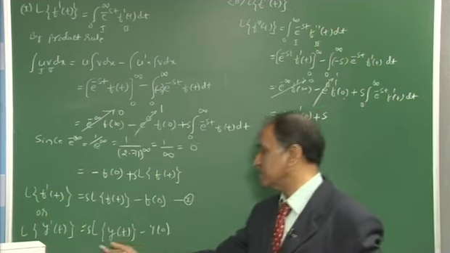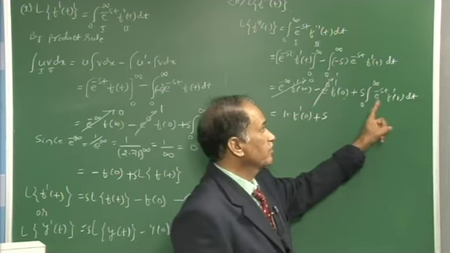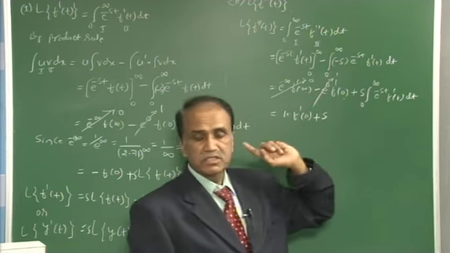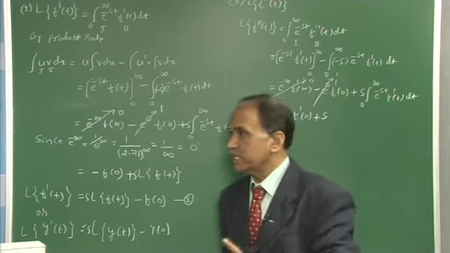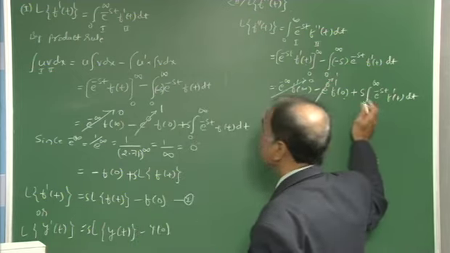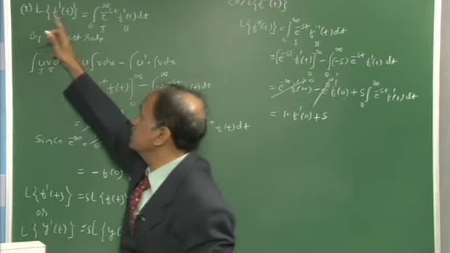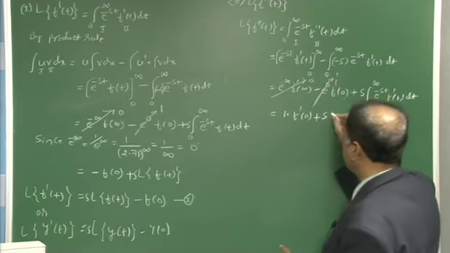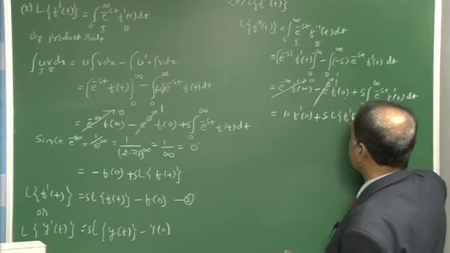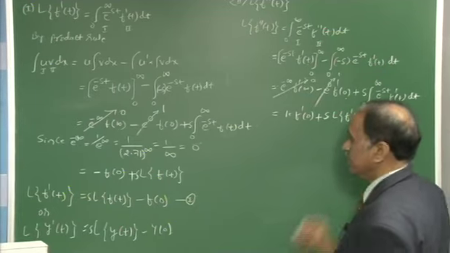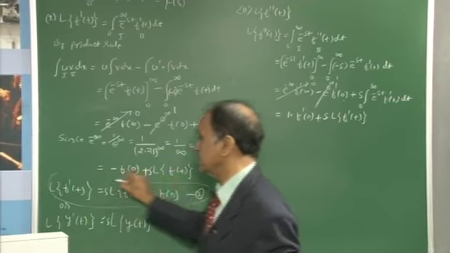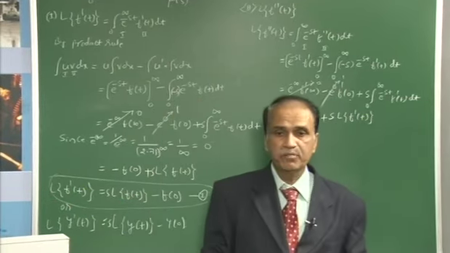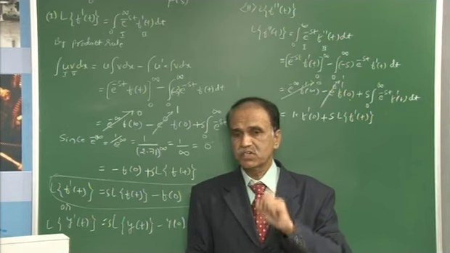Simply you can replace these two terms in place of this integral under the integral sign, that is the first order derivative. What is that first order derivative? If you write that back in the form of the Laplace transform, that is L of f dash of t, without any hesitation I can write this as L of f dash of t. This is your first result, which you have already derived, for the Laplace transform of the first order derivative.